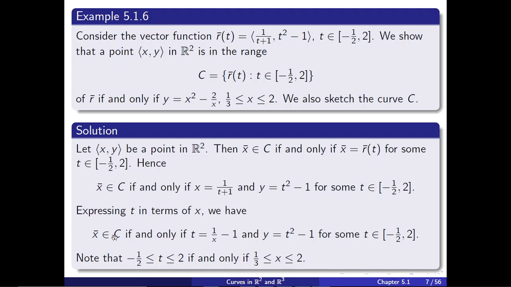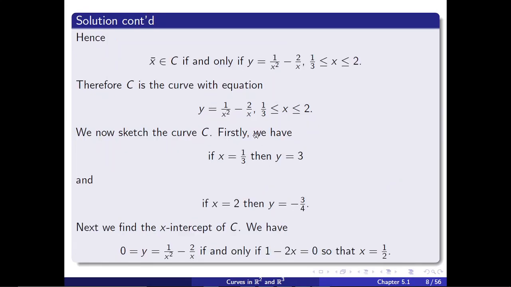Then we can see that t is equal to 1 over x minus 1, right? And if we substitute the t into the second equation, we find out that y is equal to 1 over x squared minus 2 over x.